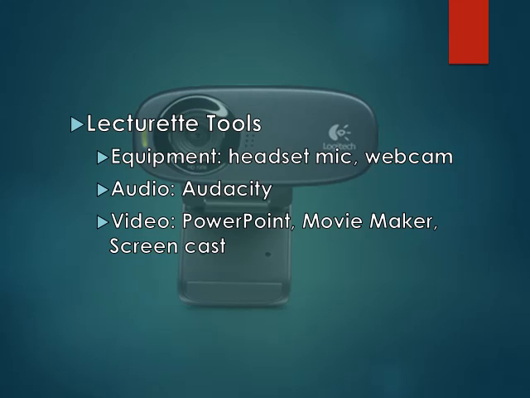The newer versions of PowerPoint allow you to make videos on them and even to put those out on the web. You can use Microsoft's Movie Maker or other standard programs to create and capture video of yourself talking with your webcam. If you want to capture images of what's happening on your screen or programs on your screen, there's some great programs that are called screencasting programs that allow you to present your video in another way.